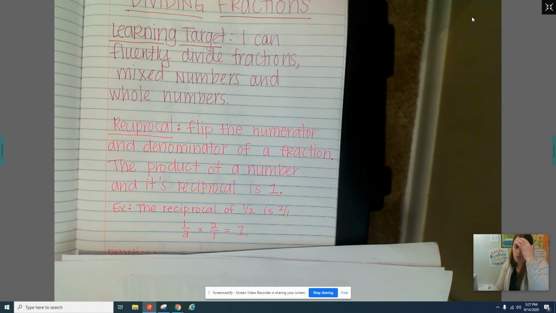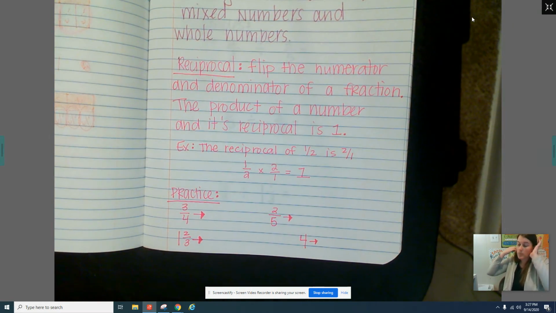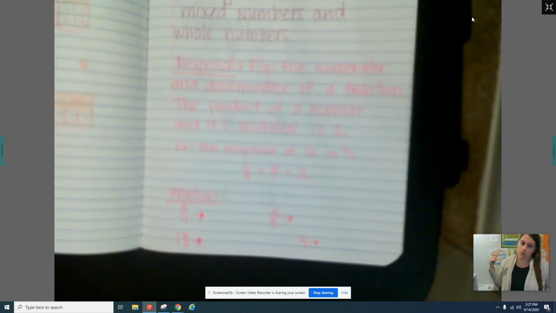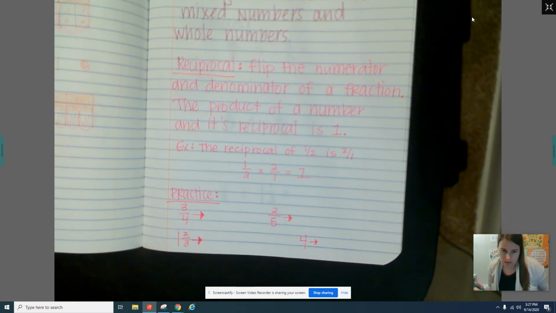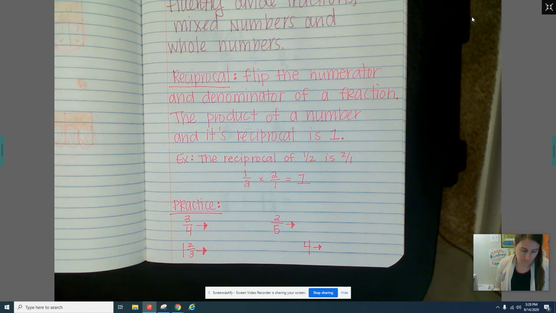Okay? So what I want you to do right now is practice. Here are 3 fractions. I want you to practice finding the reciprocal for those fractions. So take a second to jot those down. Pause the computer if you need to.